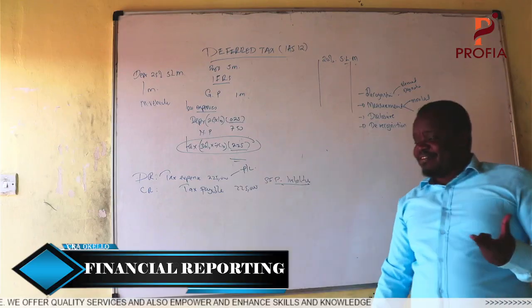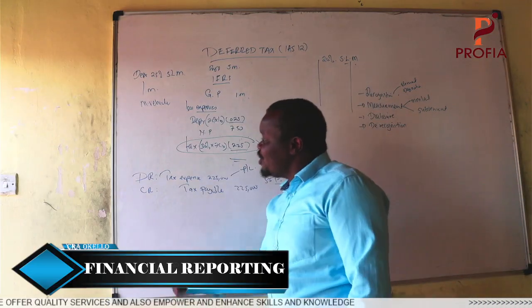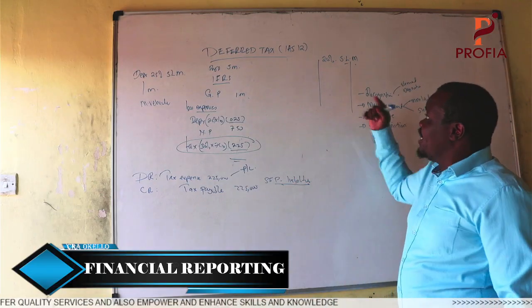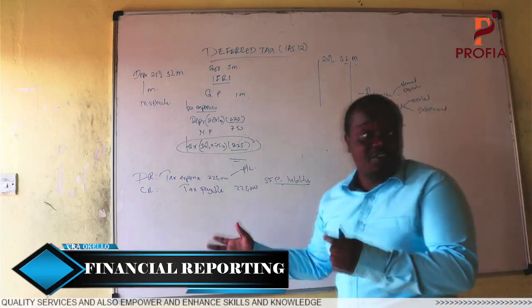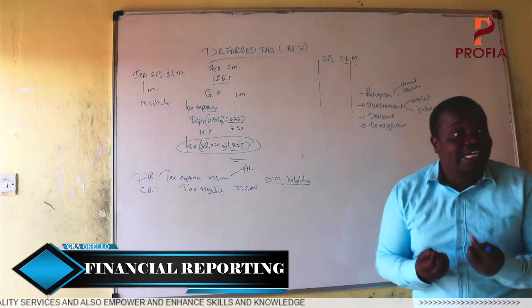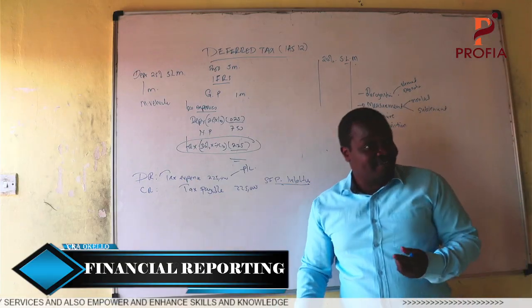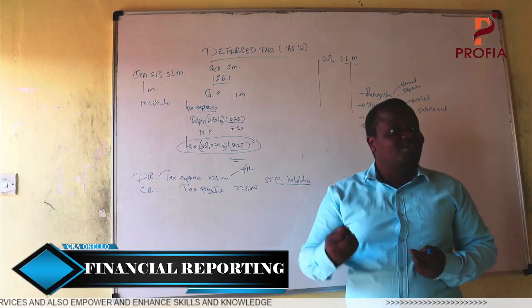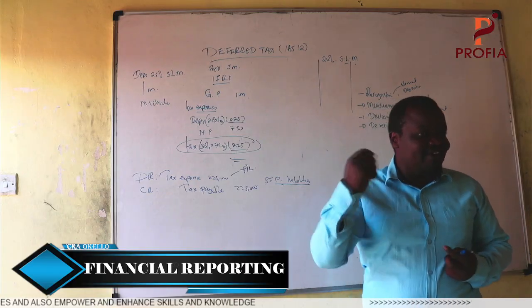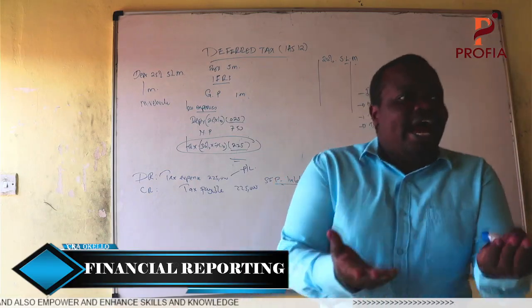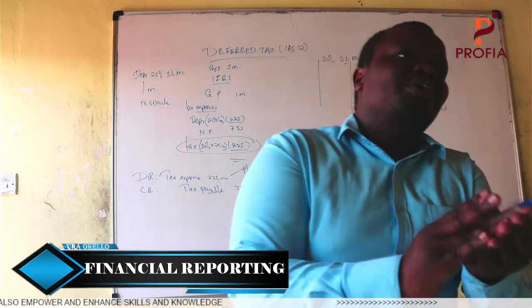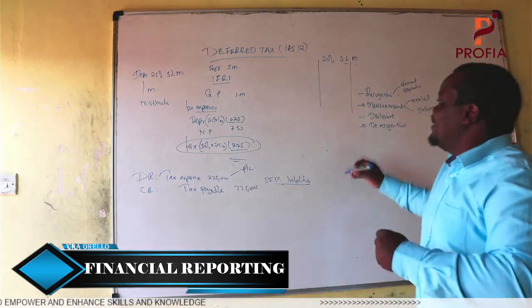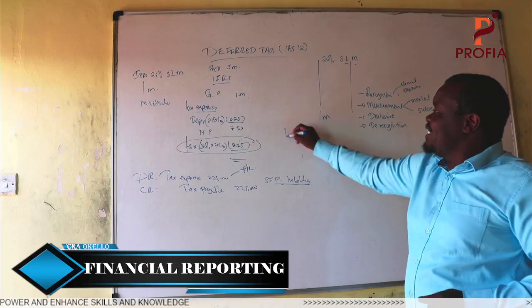So now let's ask ourselves, what will happen if we use this? This is what you have in your books, you are willing to pay 225. You've already allocated to pay KRA 225. Now, when you go to KRA, I want to pay you 225. KRA will tell you, wait, let me calculate: 1 million, less expenses.